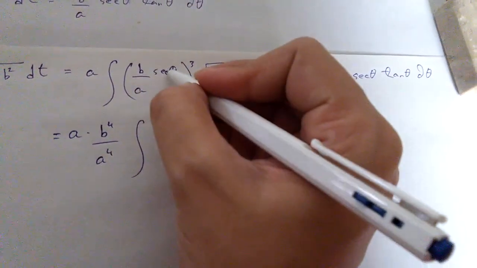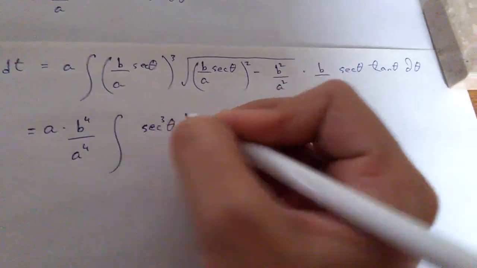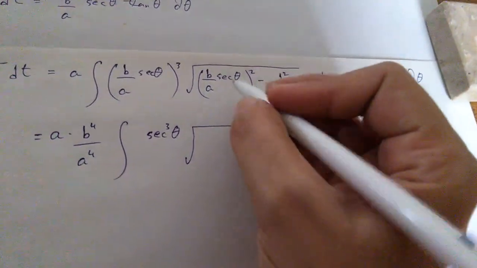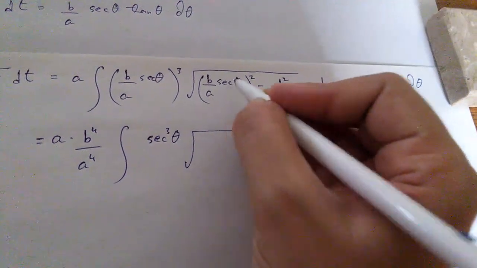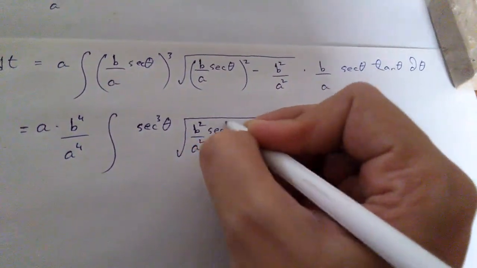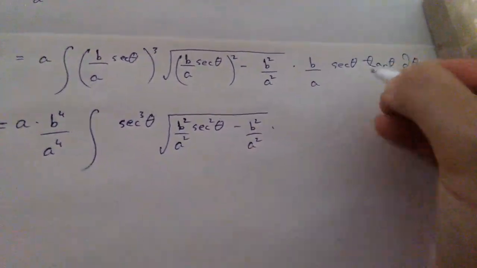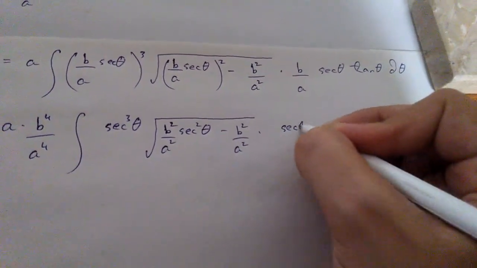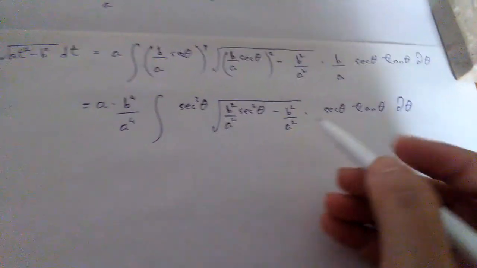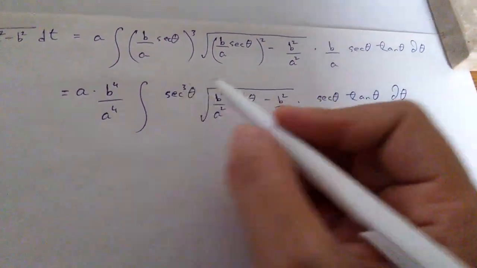What is left here now is sec cube theta, and over here I'm having b square upon a square sec square theta minus b square upon a square, and this is sec theta tan theta d theta.